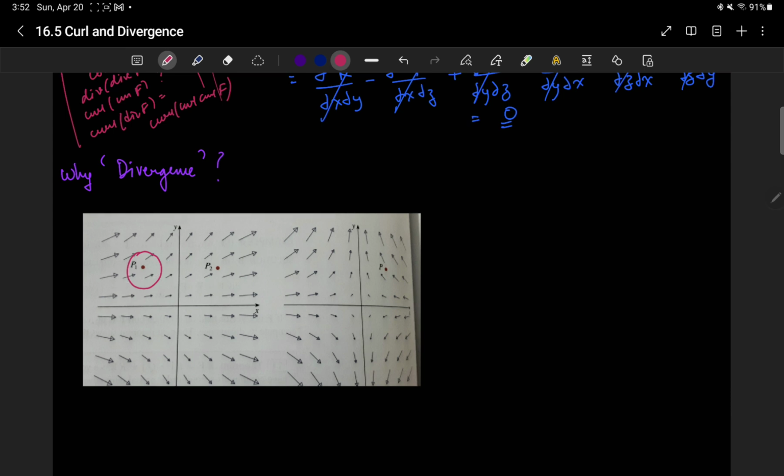The size of the arrow coming in is a little longer than the size of the arrow leaving. Similarly, if I look at P2, the size of the arrow coming in is a little shorter than the size of the arrow going out. So these ones have divergence which are non-zero. Whereas over here, if I look in and around P, the size of the arrow more or less remains the same. So in this case, divergence F is 0.